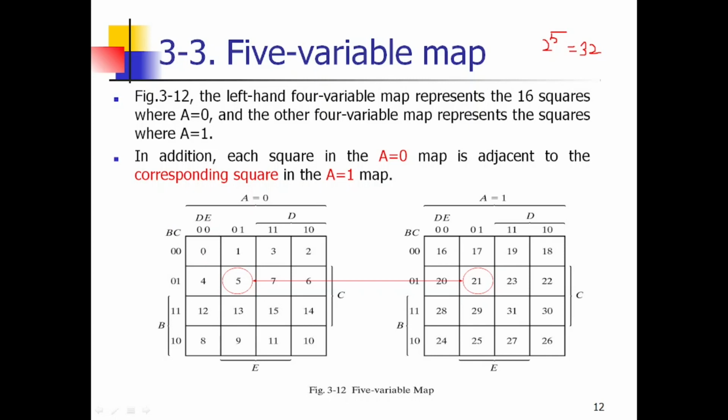And the minterms are M0, M1, M2, M3, M4, M5, M6, M7, M8, M9, M10, M11, M12, M13, M14, M15. Here M16, M17, M18, M19, M20, M21, M22, M23, M24, M25, M26, M27, M28, M29, then M30, M31.